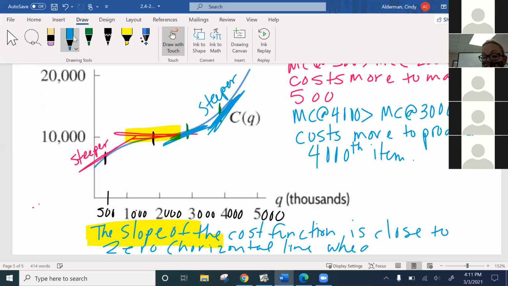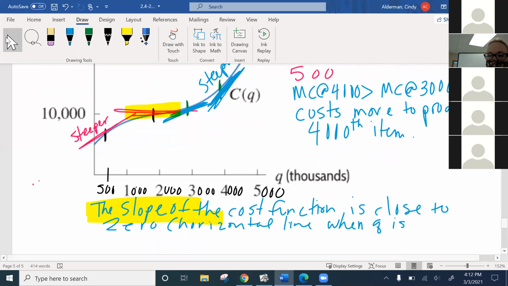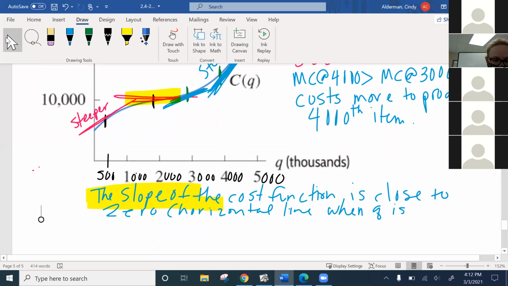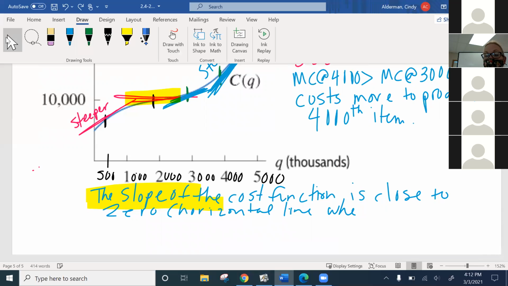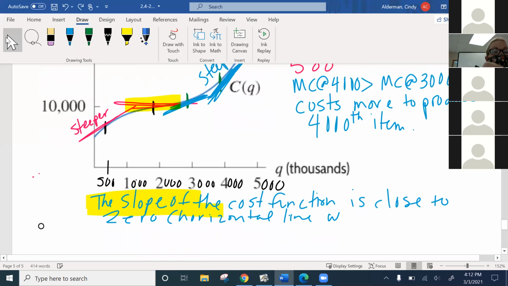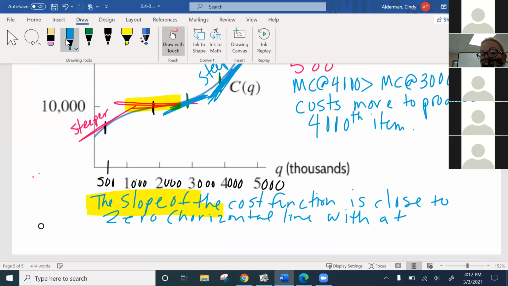When Q is about what? Sorry, there we go. With a total cost of about what?